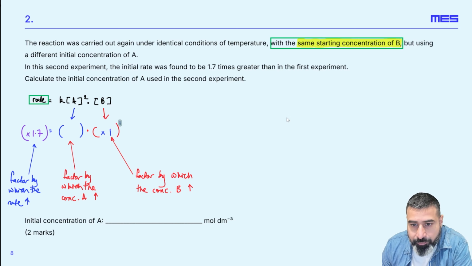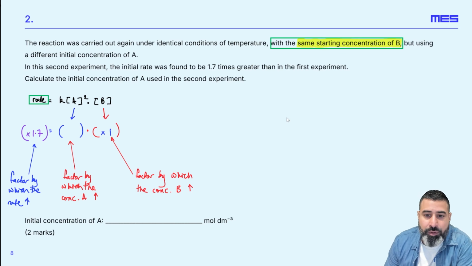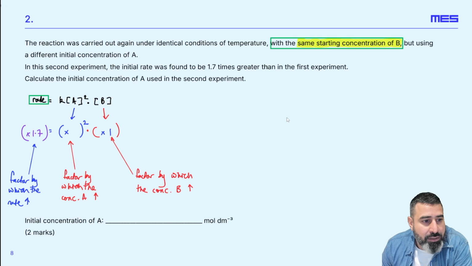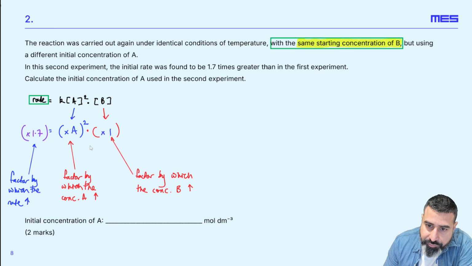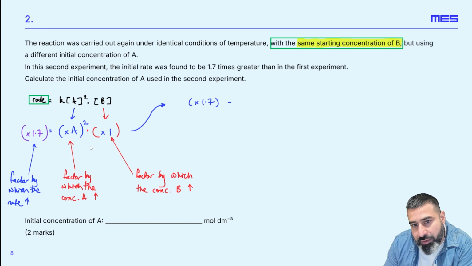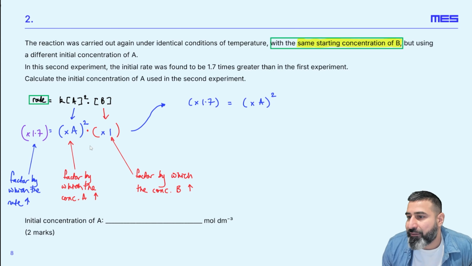So that is 1. Okay, what factor has A increased by? Now we don't know, but that is squared. Okay, so let's think of a symbol that we can use here. Let's go with times A, because why not? Now we can reduce this to times 1.7 is equal to times A squared. Okay, so then to figure out the factor by which A has increased, what do we need to do?